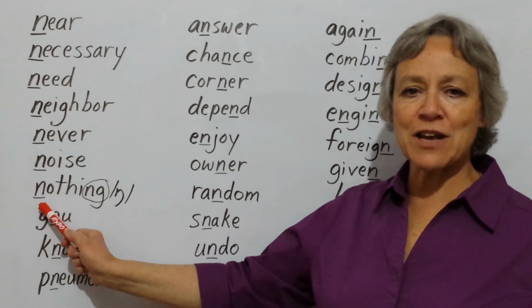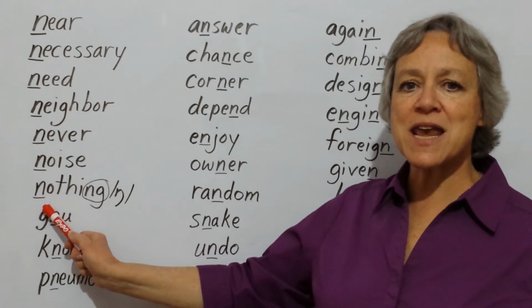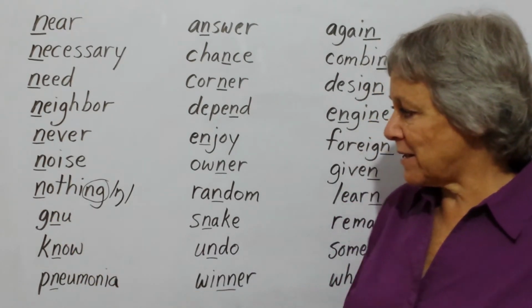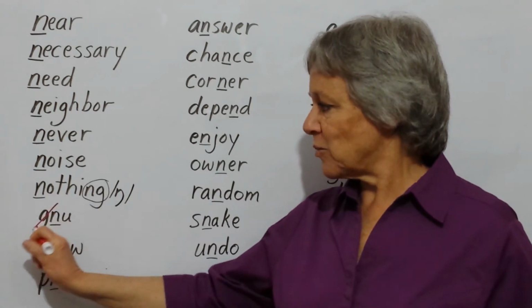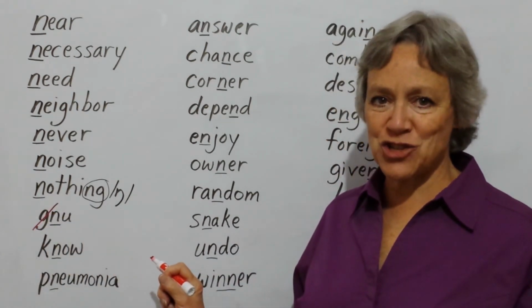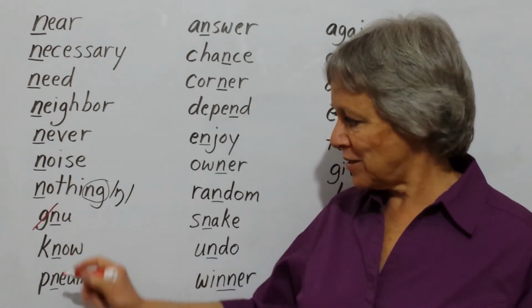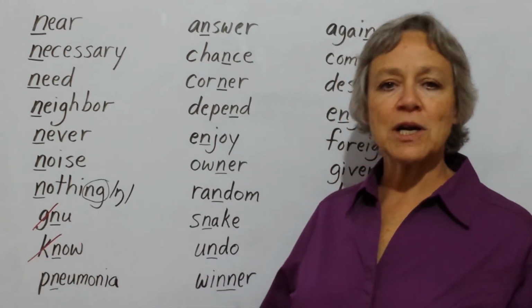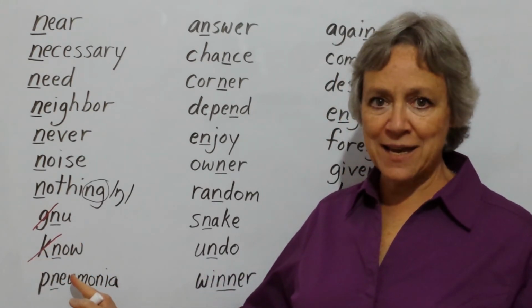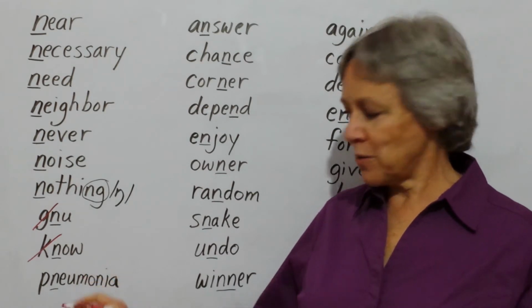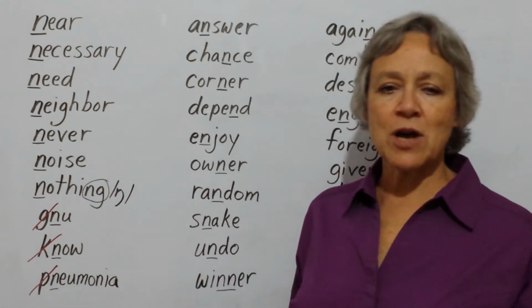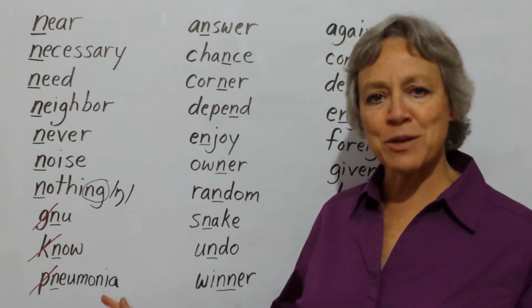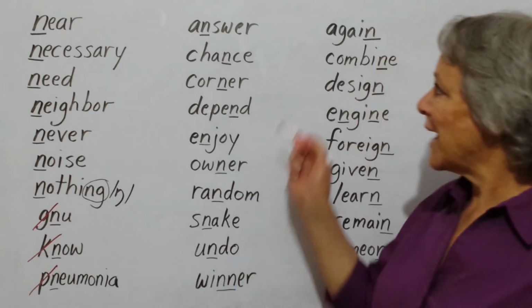So only the first letter N gives us N. In this word, we do not pronounce the letter G, so this is new. In this word, we do not pronounce the letter K, so this is no. And in this word, we do not pronounce the letter P, pneumonia, okay?